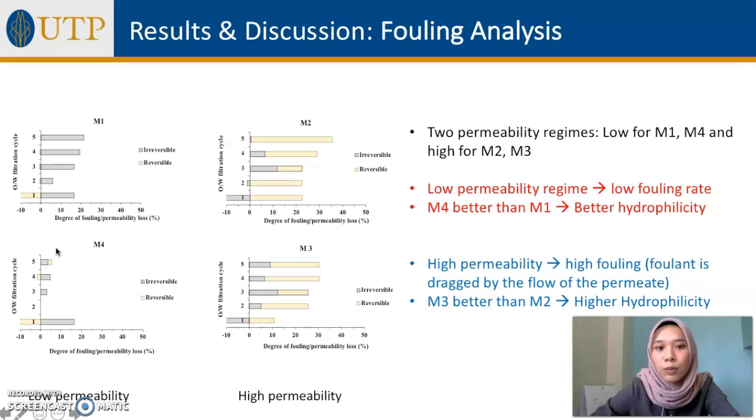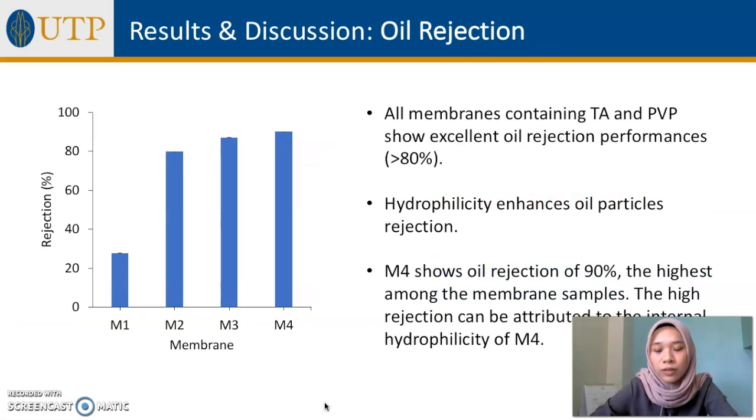As we can see, with the improved hydrophilicity of M4, it produces a lower fouling rate, and compared to these two, due to their higher permeability, they will also have a higher fouling rate. This is because the foulant is trapped by the flow of the permeate. As you can see, as a result of the higher hydrophilicity in M3, it also results in a lower fouling rate compared to M2.